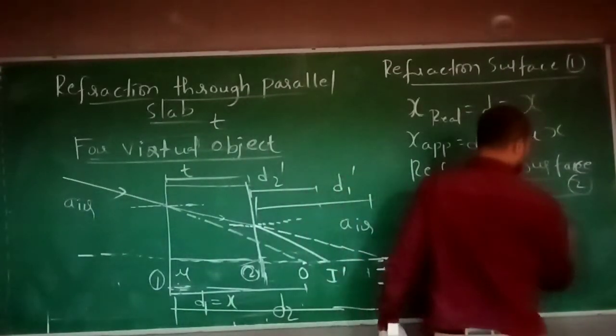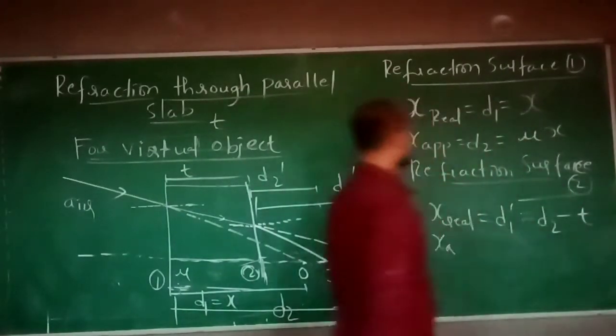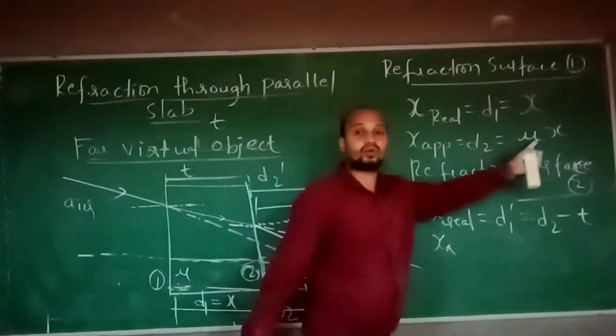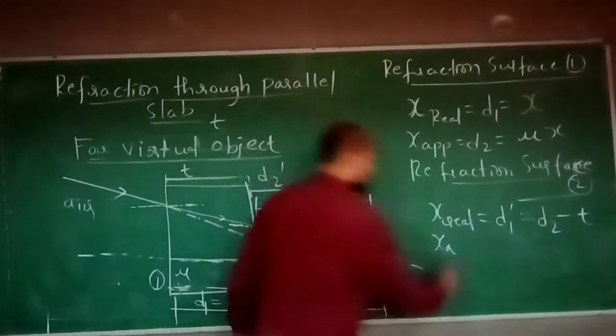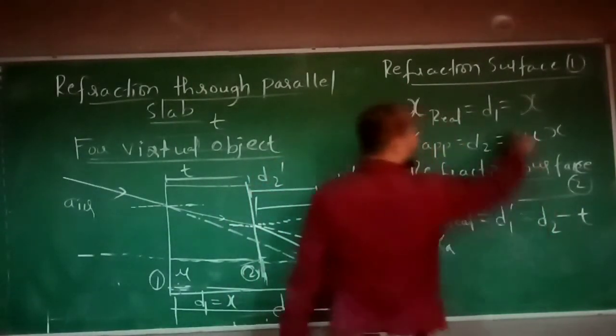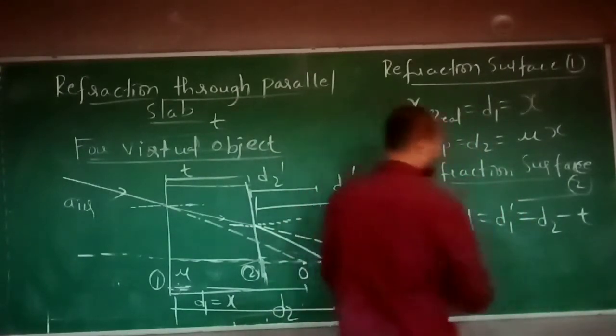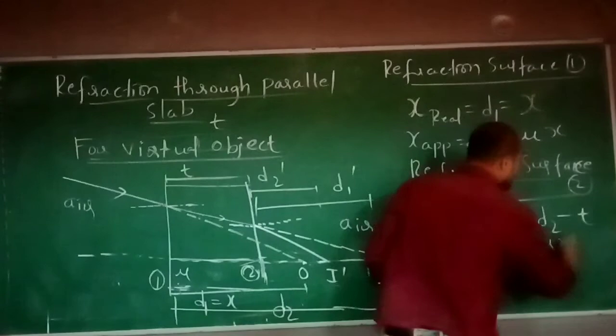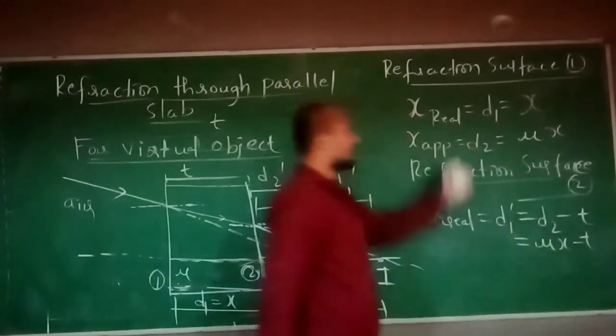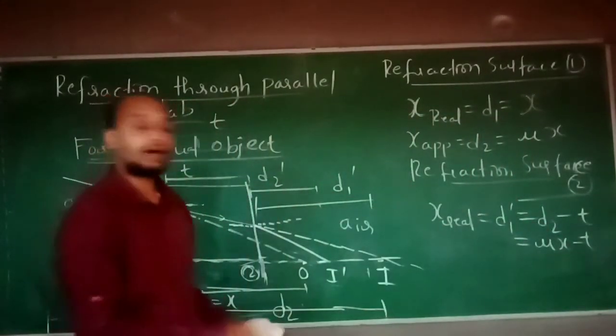And d2 is mu into x. So the real depth will become mu x minus t.